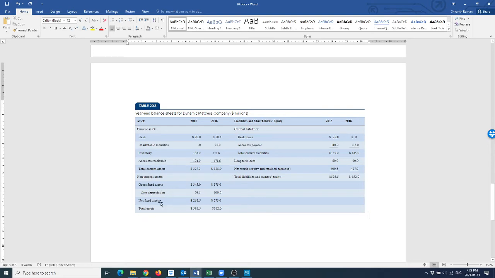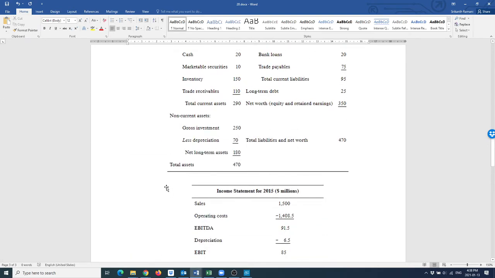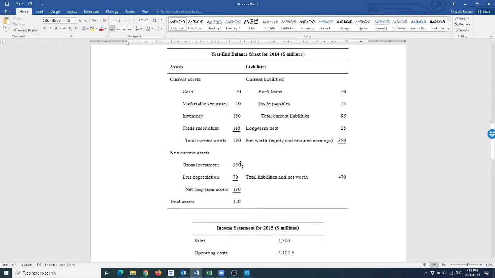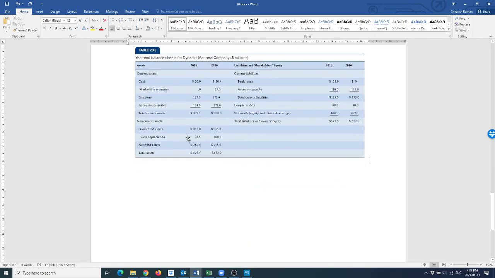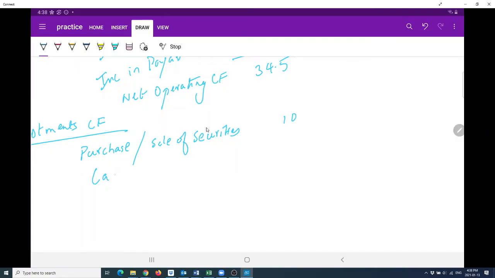This is a little confusing over here. I like to just focus on the overall gross investments, the overall level of long-term assets before and after. The gross investment, the stock of the assets, was 250 in 2014, and it is 345 in 2015. This can be thought of as your capital expenditure.